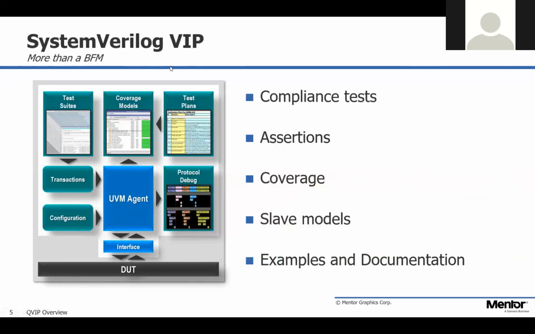And so what this verification IP becomes is the UVM agent, which is the heart of any UVM testbench. That is the thing that connects to your DUT, that you give transactions of whatever type of protocol you're using.